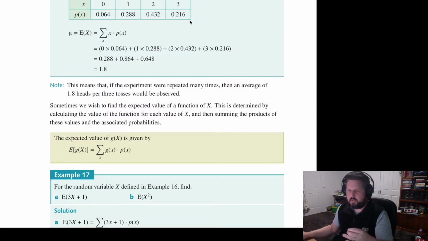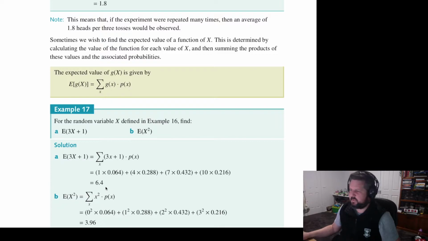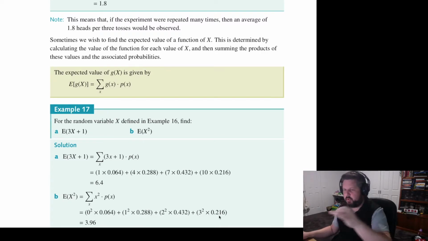Then we multiply each of those together and add them together, and we get 6.4. Likewise, you can do the same sort of thing here, except we're squaring those x values. So in the table you have x squared multiplied by its probability, 1 squared, and so forth. Multiply those together, add them together, and we get 3.96.